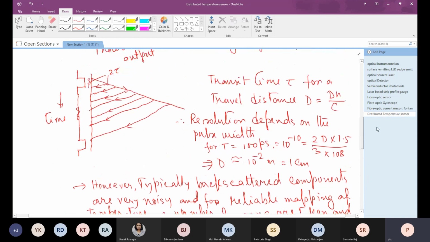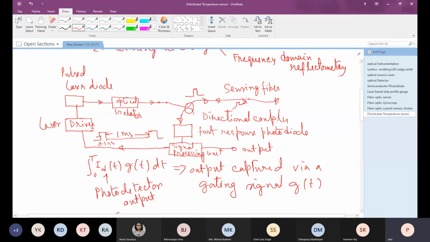Here we have used the simplest sensing mechanism where one end has a mirror, and that can also be used to know whether the fiber is intact or not. If from the end point we get a dominant reflection, we can know that the fiber is intact.